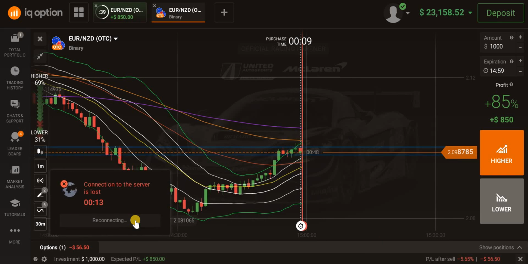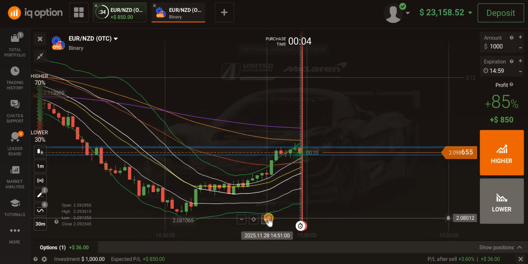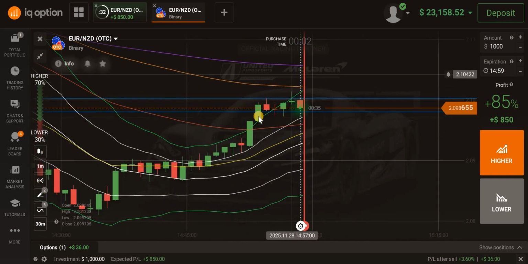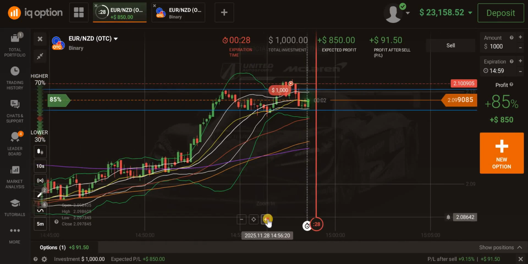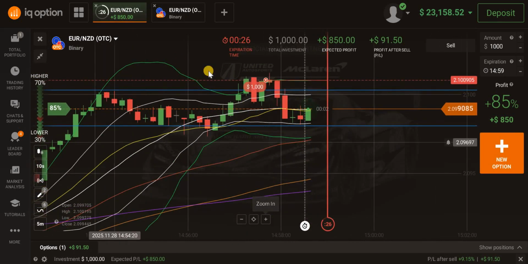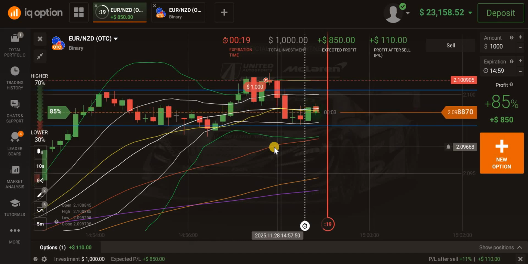So let's see how this one ends so that we can see how the demand and supply works in real time. From here I took my trade using one of those features I told you, and for this it was the fake breakout. There are three ways the market reacts when it gets to the demand or supply zone.